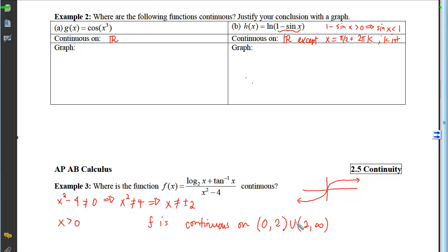And then I'm going to, in union or join, tag on to this the next interval, which picks up immediately after 2, really close but not including, and then it continues on to infinity. Now infinity is not really a number, so we can't ever get there. So we would never put a hard bracket or try to include an infinity. We just leave it as is.